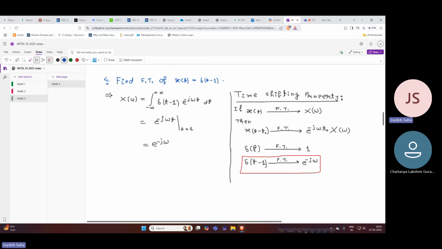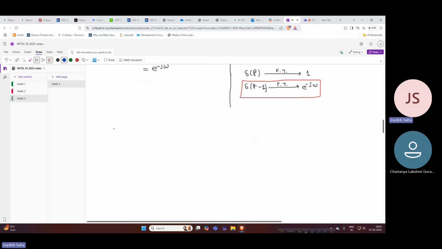Okay, so let us start. A very interesting question. Find the Fourier transform of cos omega 0 t.